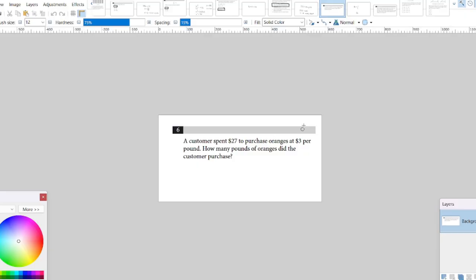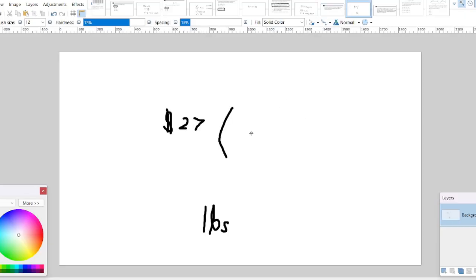So if it's $3 per pound, then that also means that it's 1 pound for every $3. So it's equivalent to say $3 per pound or 1 pound per $3. So as you can see here, the dollar sign will cancel out, and we'll be left with something measured in pounds.